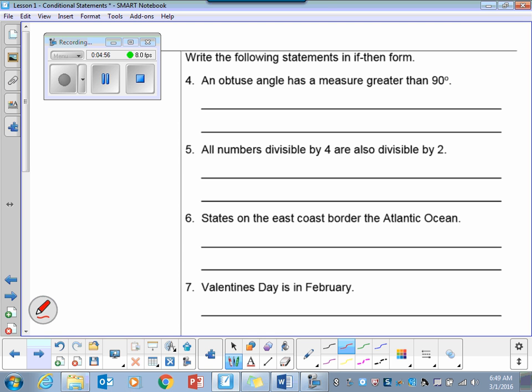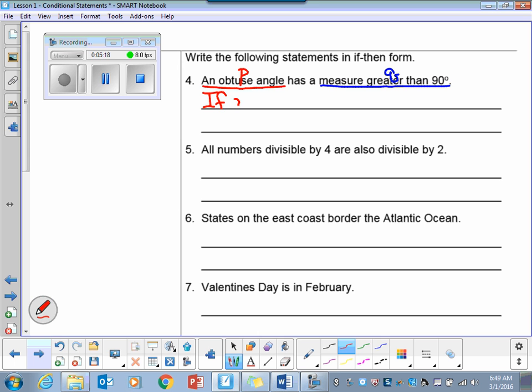Okay, so an obtuse angle has a measure greater than 90 degrees. Let's do, if an angle is obtuse, there'll be my hypothesis, then it has a measure greater than 90 degrees. That will be my conclusion.